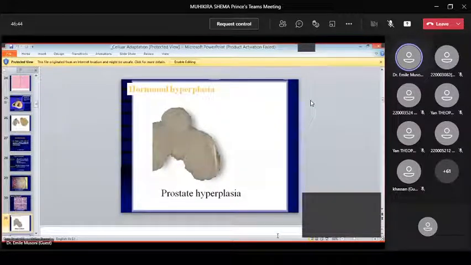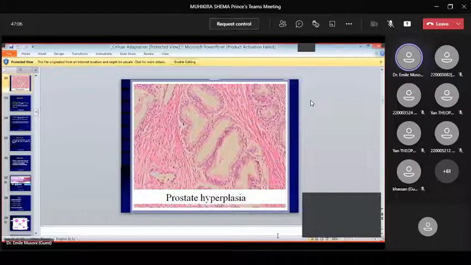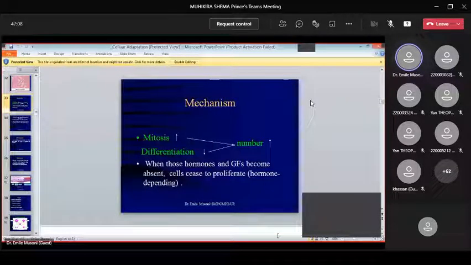In the female, the worry is endometrial hyperplasia, because persistence of those hyperplasias can lead to cancer. This is an image of prostate hyperplasia. Mechanism, we have said there is an increase of mitosis, then cell number, but there is no differentiation, meaning that it doesn't change the morphology.